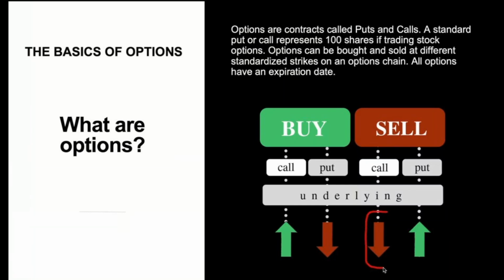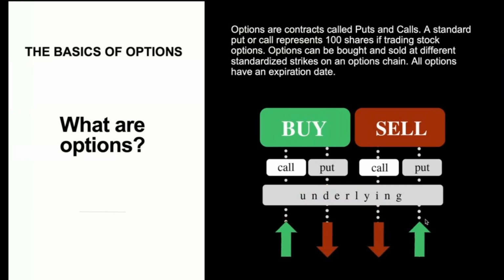You are bearish, you want the underlying to go down as this arrow is indicating, but you have an obligation to sell shares to the buyer if they exercise their right, right? So the buyer of a call is bullish and they want it to go up and they have a right to purchase. And the seller of a call is bearish and they have an obligation to sell. So if you're the buyer of something, there has to be a seller of what you're buying, right? If you're the seller of something, there has to be a buyer of what you're selling.